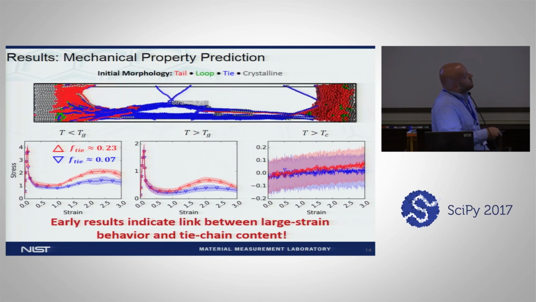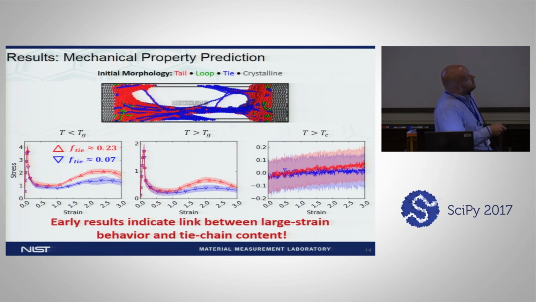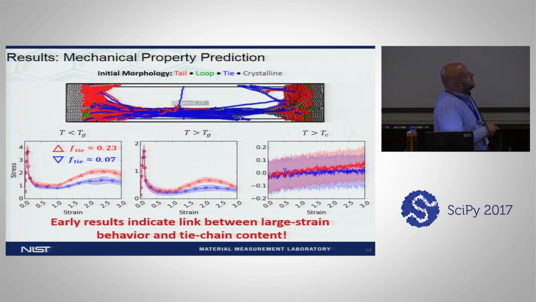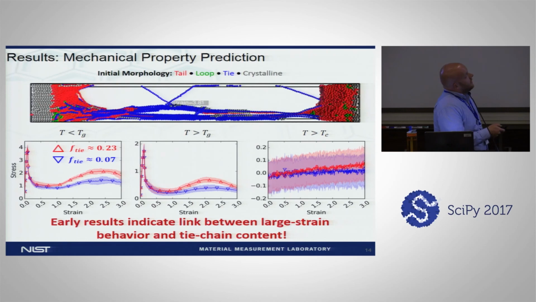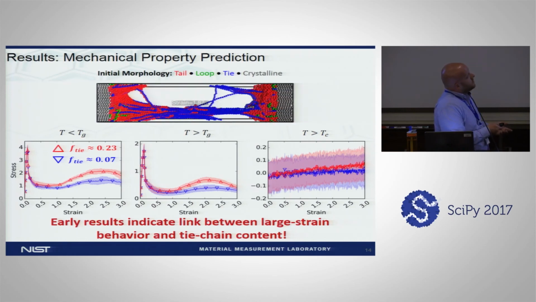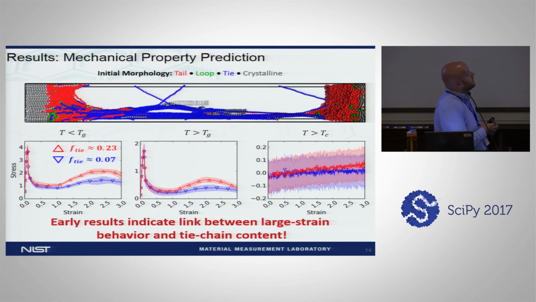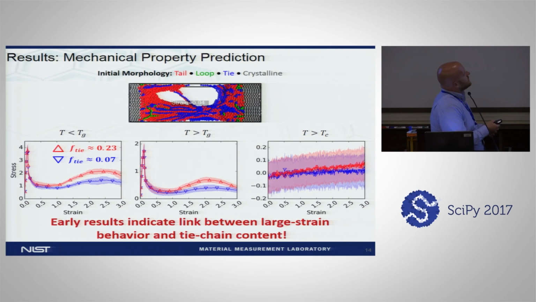What we're finding is that we can get detectable stress-strain features based on the number of tie chains in the material. This is something that we literally can't measure in experiments, but is directly important to fatigue and crack properties in these materials, and had some of our collaborators pretty excited.